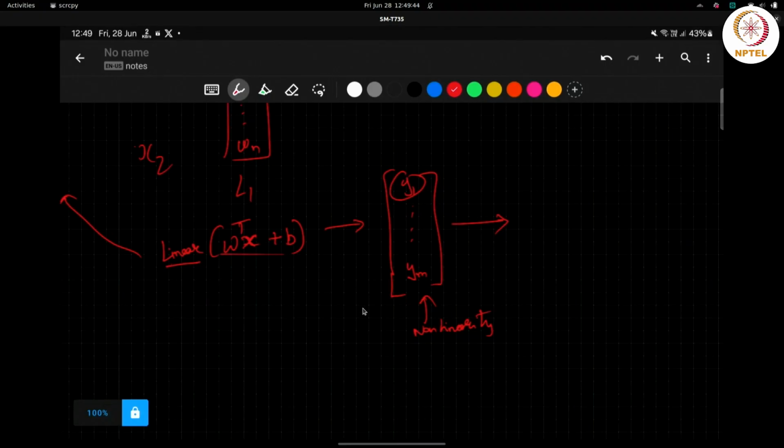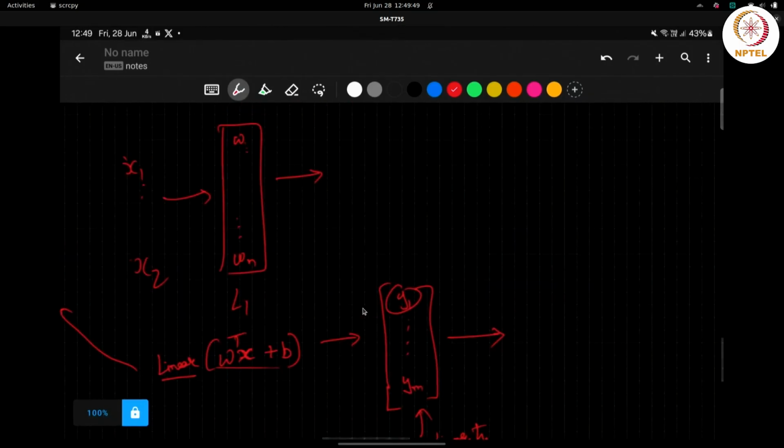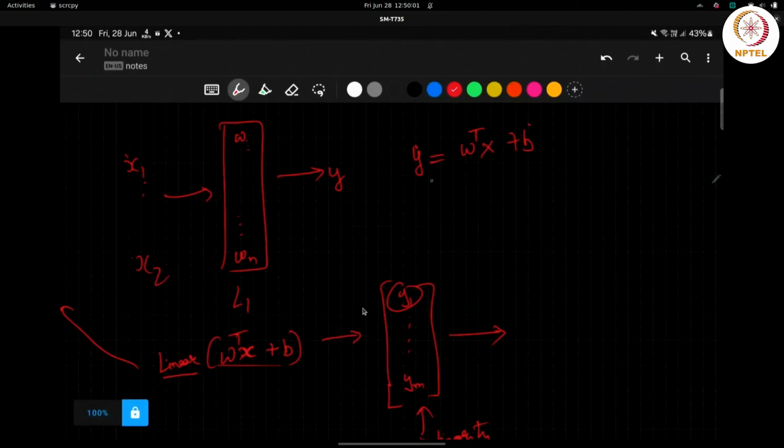So let's say this was y. If it is just a linear layer, y would be something like this. If you are applying some nonlinearity, let's say sigmoid, some nonlinear function, in this case a sigmoid, applied on this particular matrix. Right?